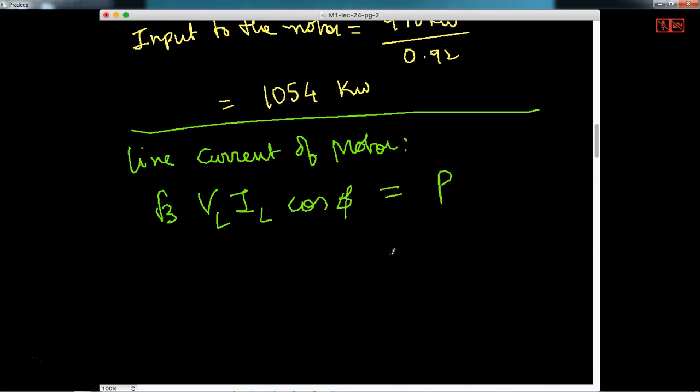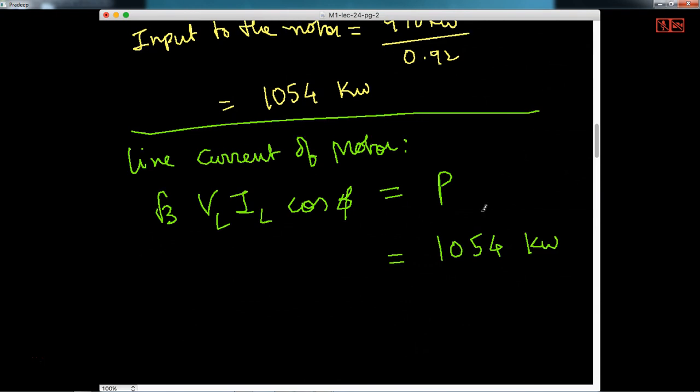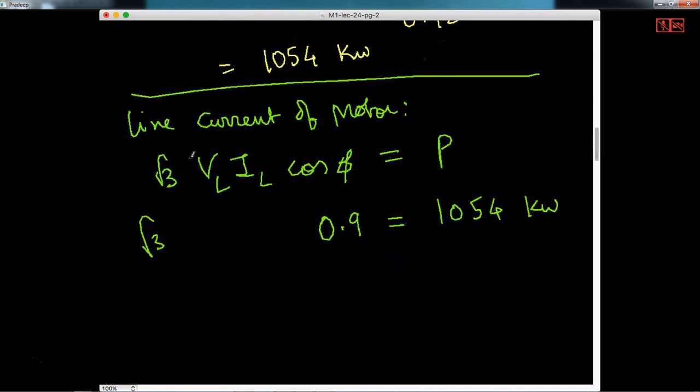The power is 1054 kilowatts, the power factor is 0.9, √3 is a constant, and the line voltage is 6.6 kilovolts. IL itself is unknown. Kilovolts and kilowatts cancel, so you get amperes as the unit.